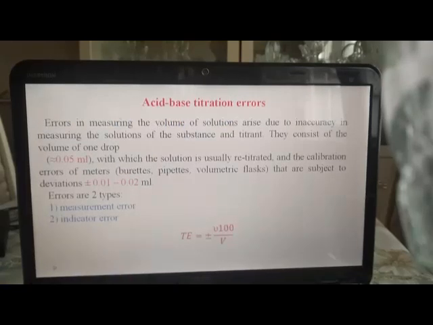Acid-base titration errors. Errors in measuring the volume of solution arise due to inaccuracy in measuring the volumes of the substance and titrant.